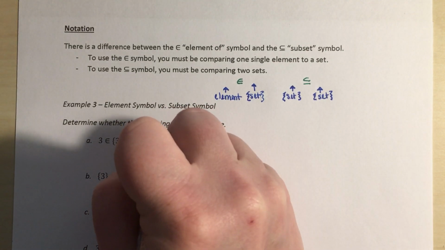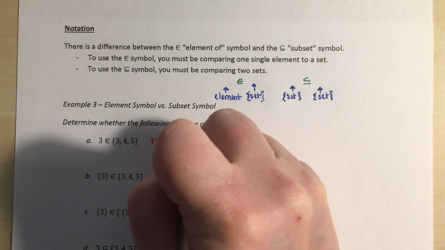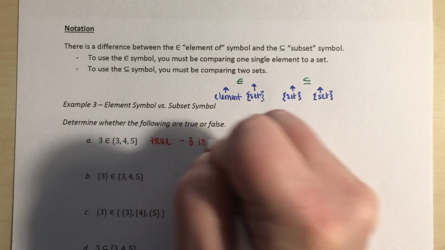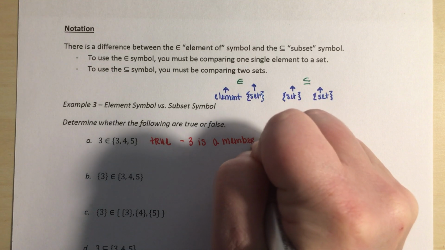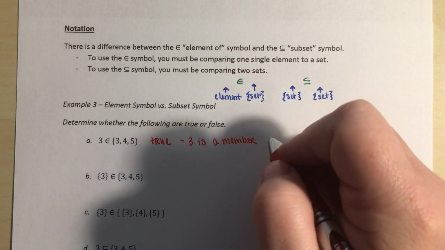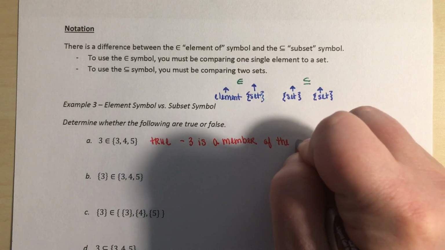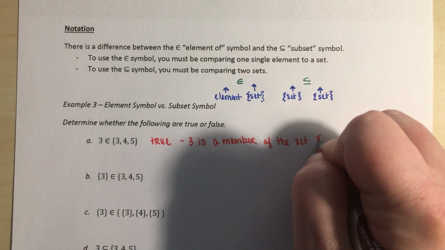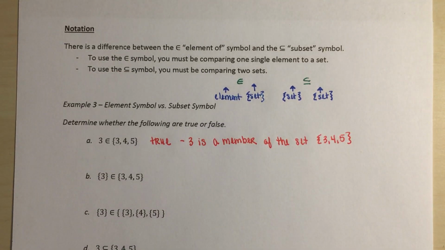So we're going to say that this is true. 3 is a member or element of the set 3, 4, 5.